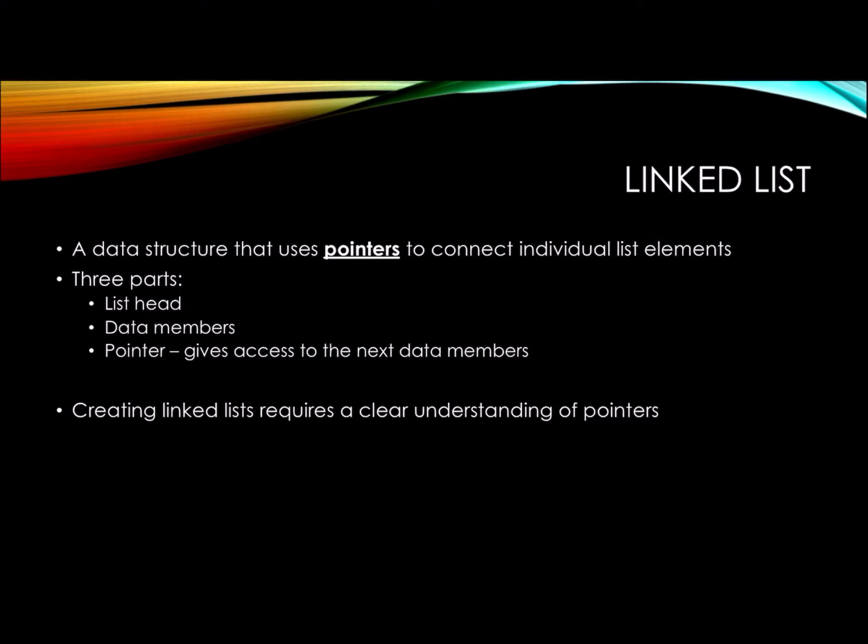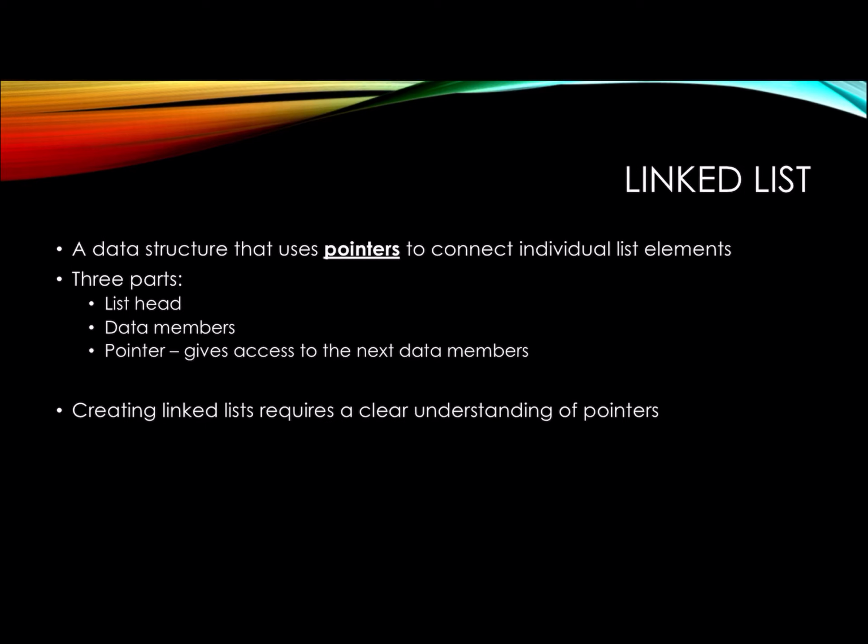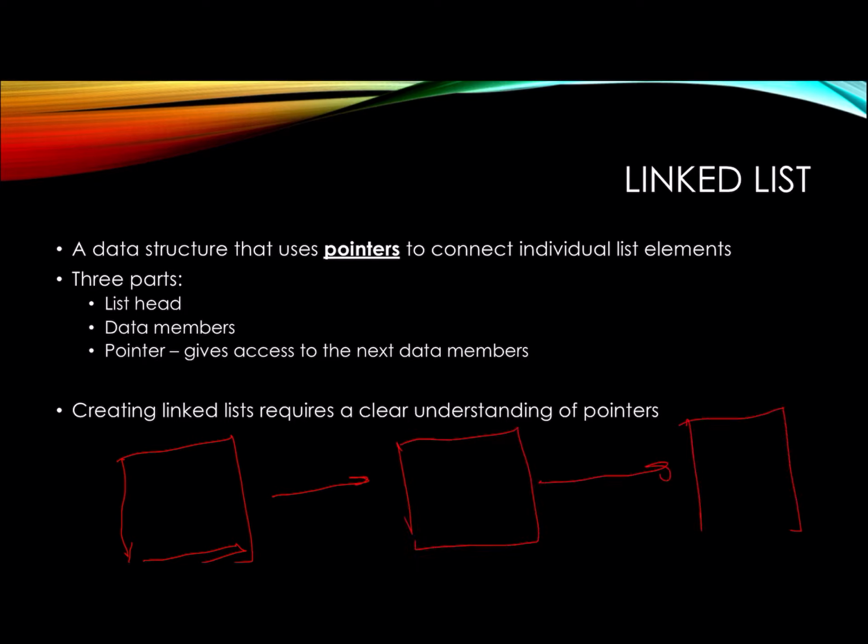So if I'm going to make an illustration, let's say we have a list head over here. Let me create a simple illustration of a linked list. This is basically how a linked list would look logically. This is your list head, which means that it is the beginning of the linked list.